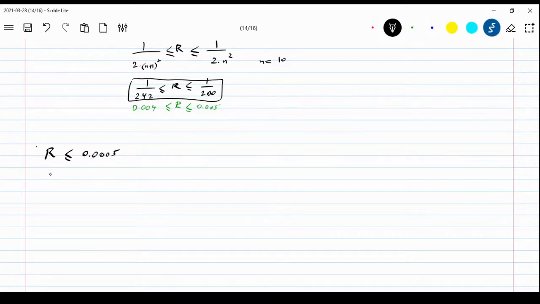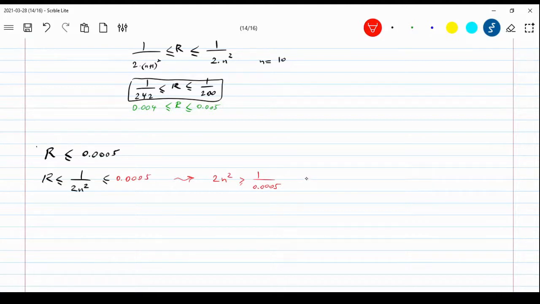Since we figured out the remainder is less than 1 over 2n squared, I can say let 1 over 2n squared be less than or equal to 0.0005. So 2n squared must be greater than or equal to 1 divided by 0.0005.